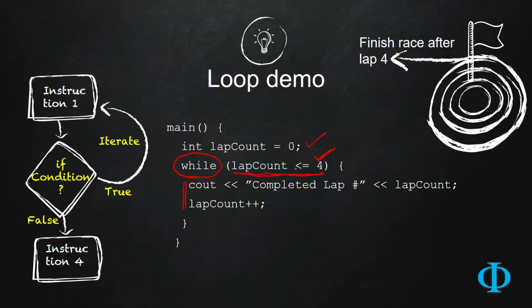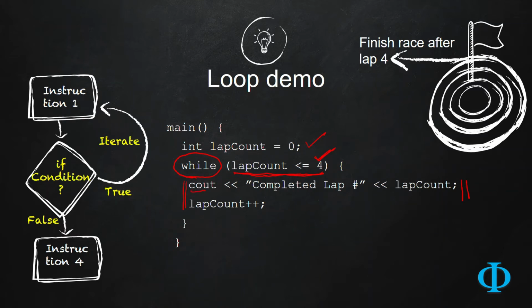So you will be executing both these lines until the lap count is 4. So this is just a conversion of the previous algorithm into C++. Everything is the same, just the syntax is different. Instead of print, I have used cout.